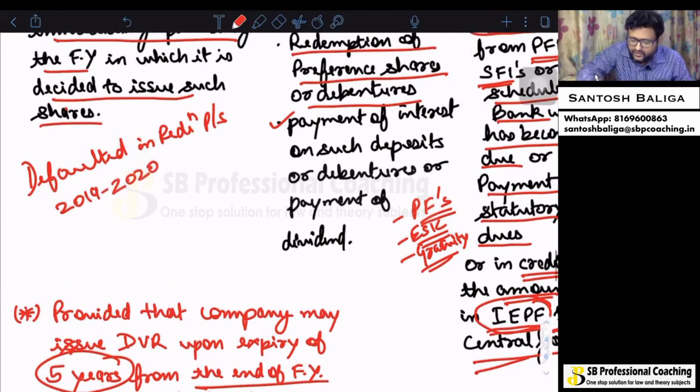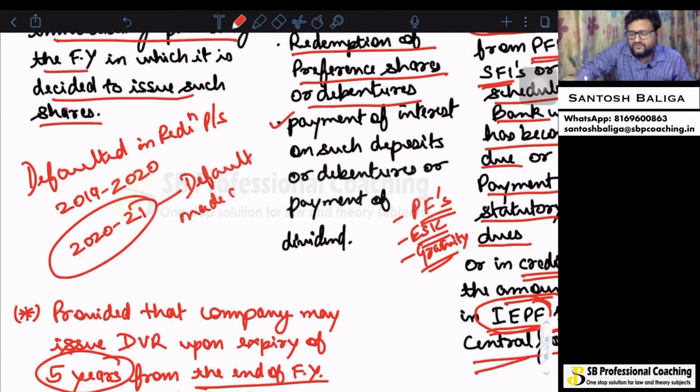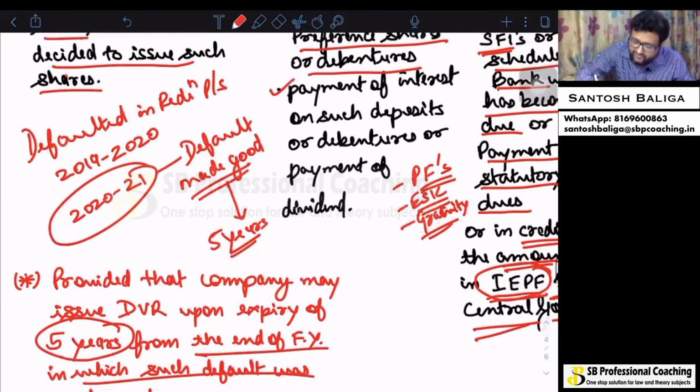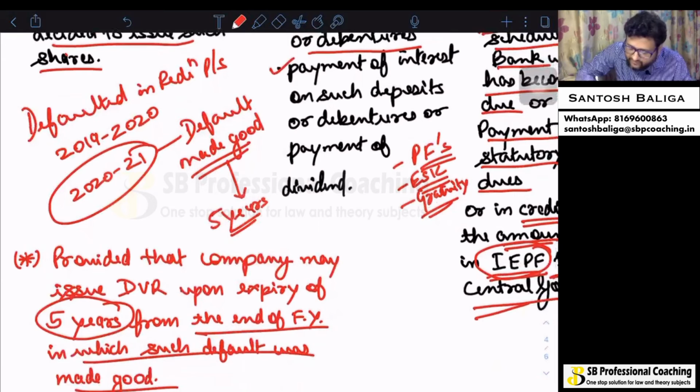Now in 2020-21, the company pays this default and makes it good. That means the company has paid the preference shareholders. From here on, the company will have to wait for 5 years from the end of the financial year. That means it will start from 2021-22, for 5 years, for issue of such differential voting rights equity shares, that is DVRs.